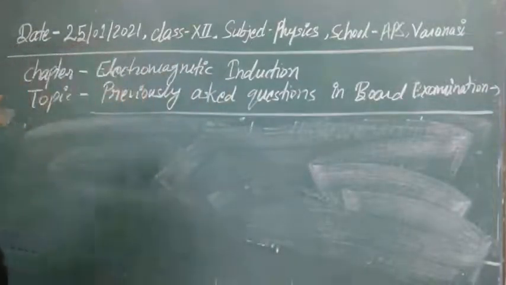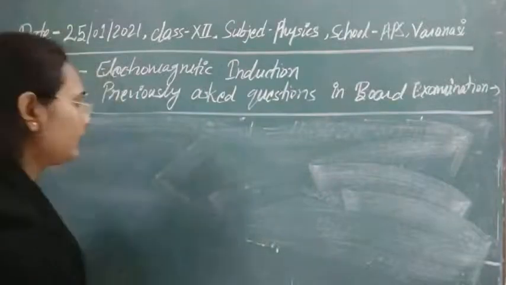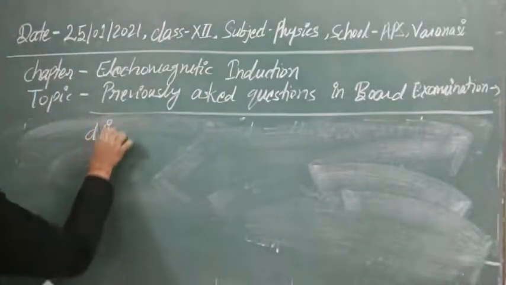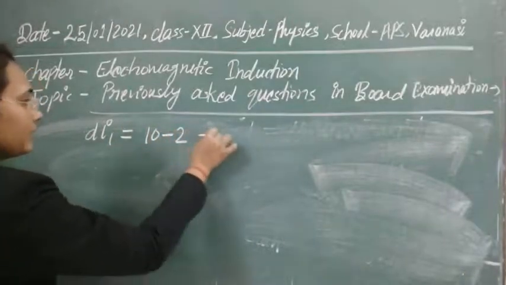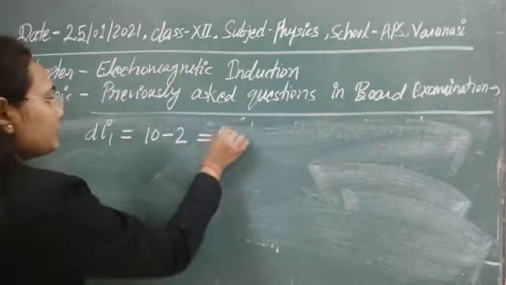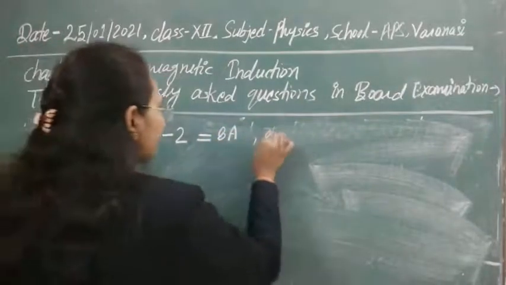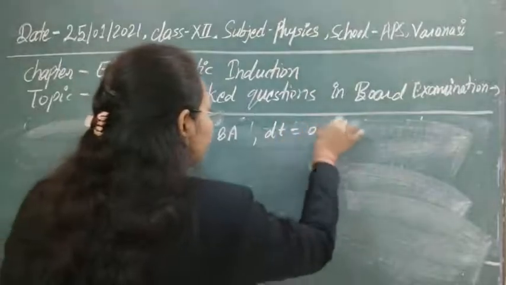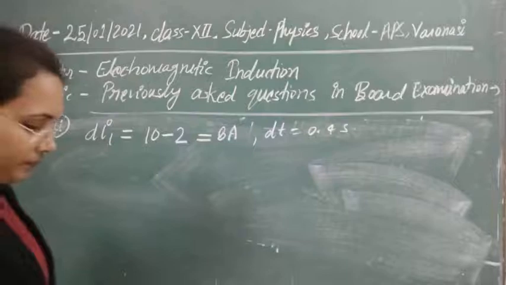Suppose that in coil 1 the current is I1, then dI1 is the change in current, that is 10 minus 2, which is 8 ampere, and the time is given as 0.4 second. This is the first case that is given to us.